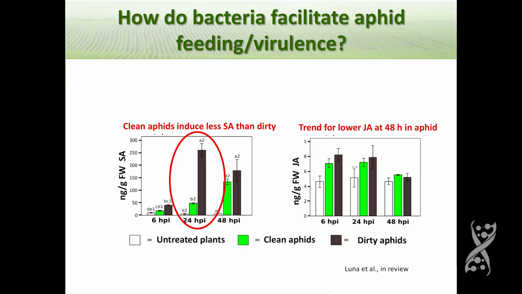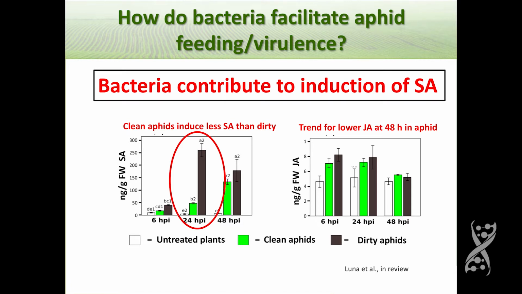The trend is that they're lower at the later time points. However, notice that the levels of jasmonate that we were detecting in these leaves were very, very low, almost below the levels of detectability. So we can't consistently say that we saw a reduction in jasmonic acid production with the enhanced production of salicylic acid.